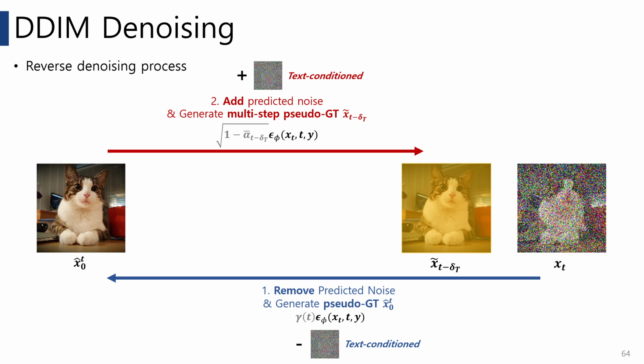Second, the predicted noise at time step t is scaled using the interval step scheduling weight to adjust it to represent the noise from 0 to t minus delta. This adjusted noise is then added to x hat, producing the multi-step pseudo-GT at interval step t minus delta.